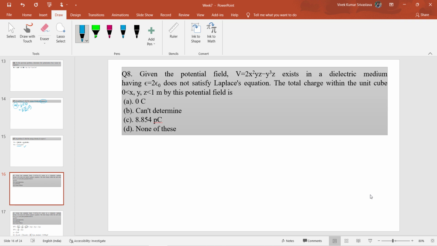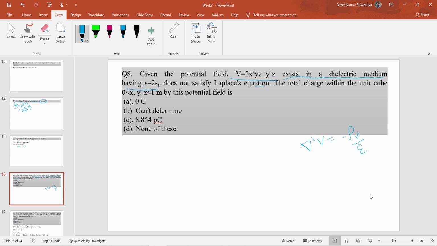Here the question states that the potential field V equals 2x square yz minus y cube z exists in a dielectric medium having epsilon equal to 2 epsilon naught, and does not satisfy the Laplace equation. So there is a possibility that it will satisfy Poisson's equation, given as del square V equals minus rho v by epsilon.